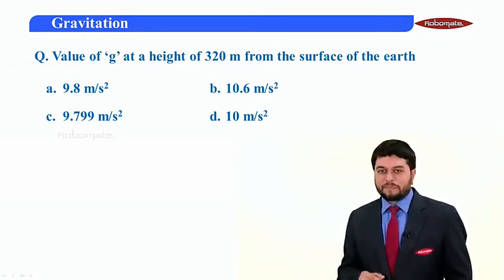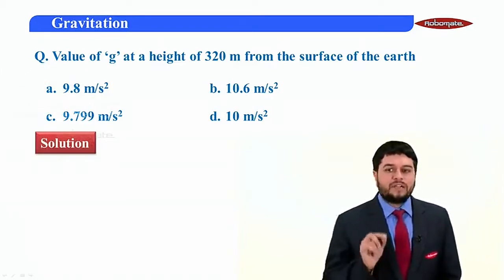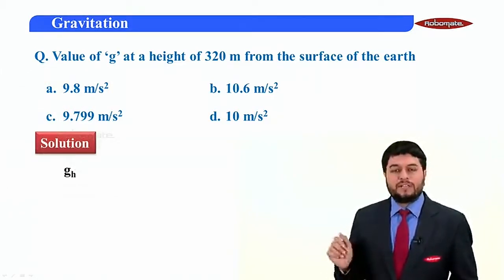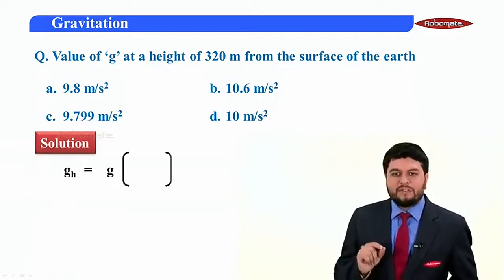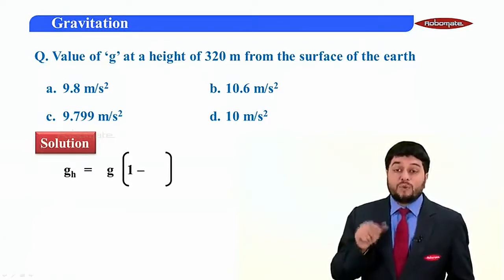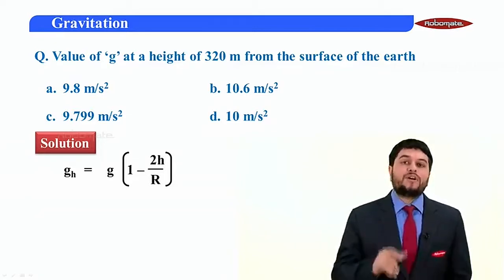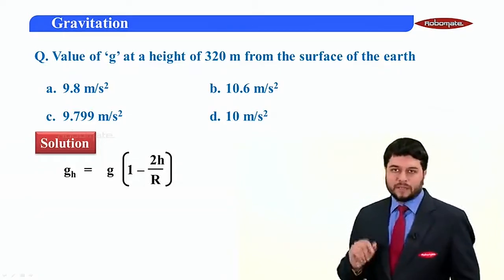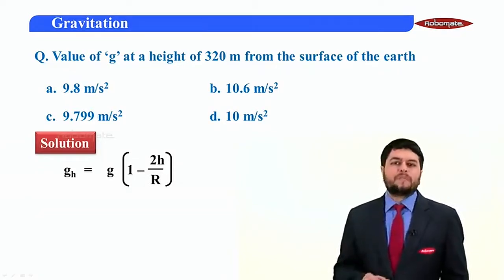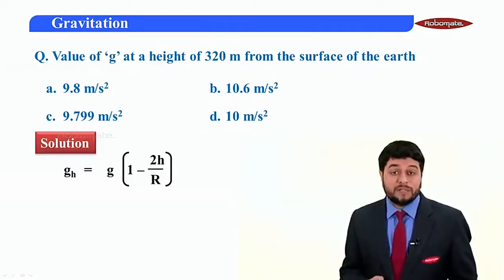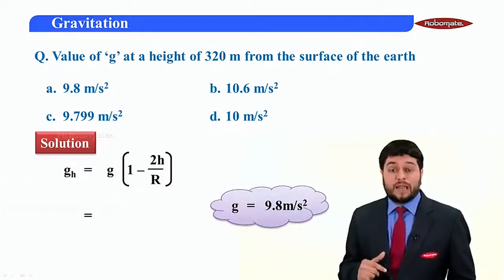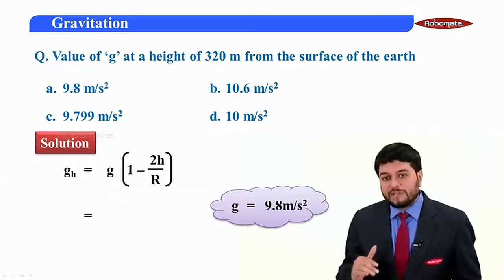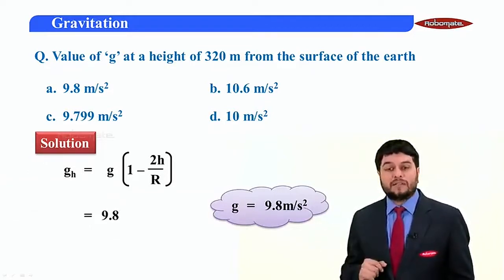So let's solve. Now acceleration due to gravity at a very small height, you remember we did the formula in the previous module. g at a very small height is given by the formula g into 1 minus 2h upon R. Correct? So let's substitute. Height h is 320 meter, radius of the earth R is 6400 kilometer, and acceleration due to gravity on the surface is 9.8 meter per second square.